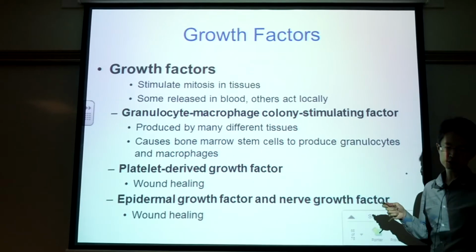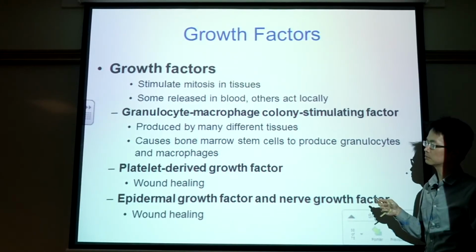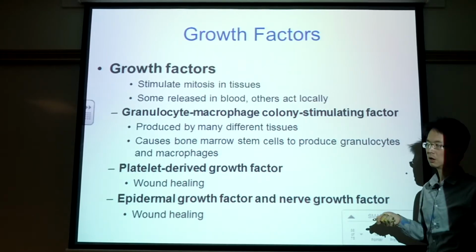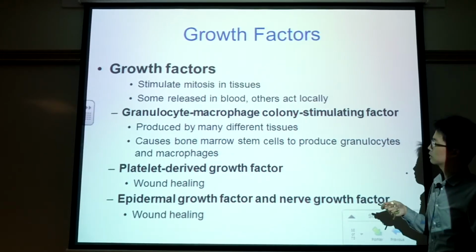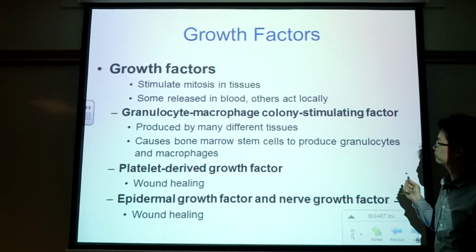Growth factors, there are different growth factors. Of course, they induce mitosis. They can also be released in the blood because they are similar to hormones. There's something called granulocyte macrophage colony stimulating factor.